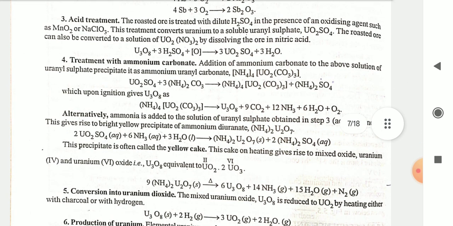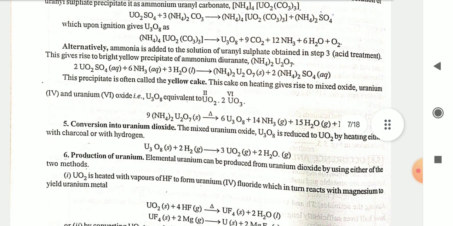Alternatively, ammonia is added to the solution of uranyl sulfate obtained in step 3, the acid treatment. This gives rise to a bright yellow precipitate of ammonium diuranate. 2 UO2SO4 plus 6 NH3 plus 3 H2O gives (NH4)2U2O7 solid plus 2 (NH4)2SO4. This precipitate is often called the yellow cake.